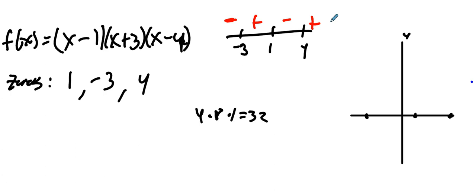So what this means is that below here, it's decreasing. The function is decreasing here, but then it's going to increase onto this and then decrease onto this.